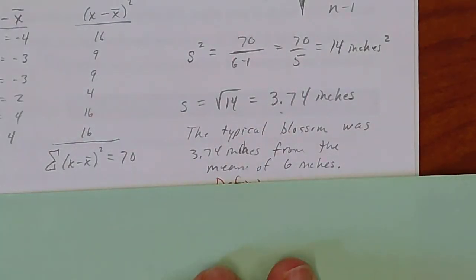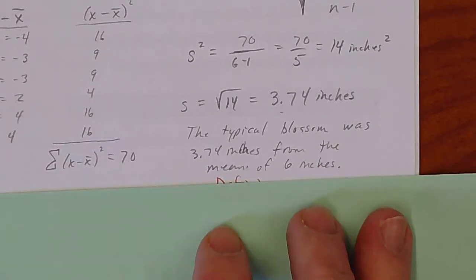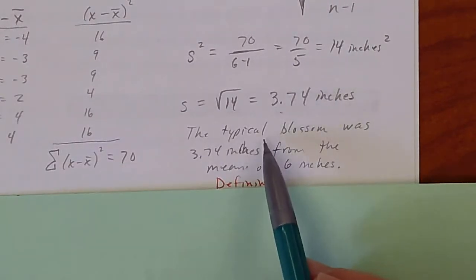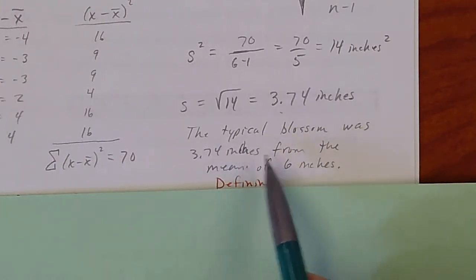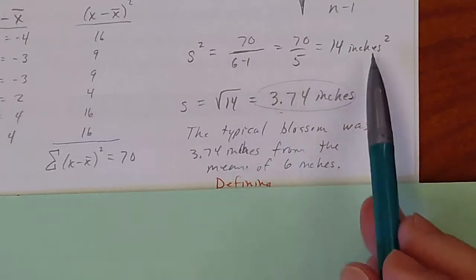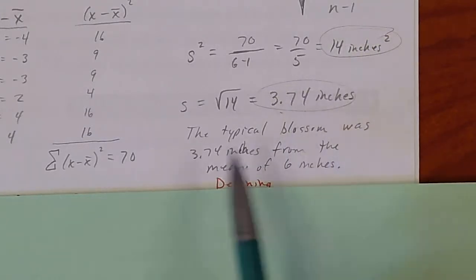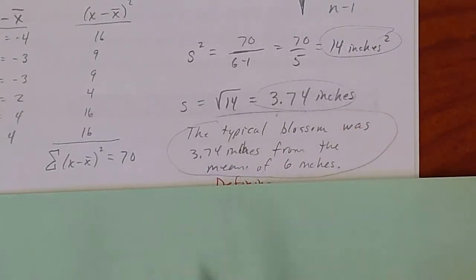Okay. It's kind of like an average distance from the mean. That's why they call it standard deviation, typical deviation. Okay. Sometimes I may ask you to interpret that, and that's kind of what you'd say in your own words. It's the typical distance from the mean. Okay. So here's all the answers: variance, standard deviation, and then a little interpretation.